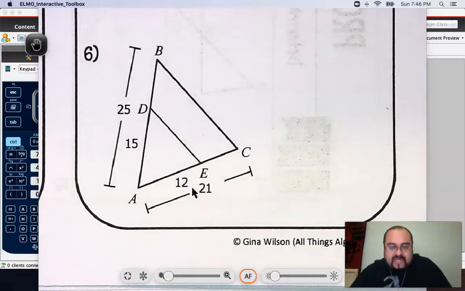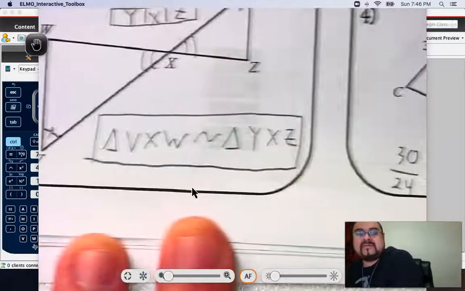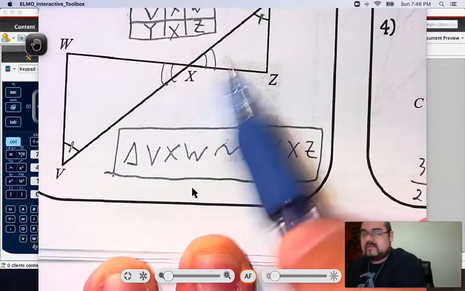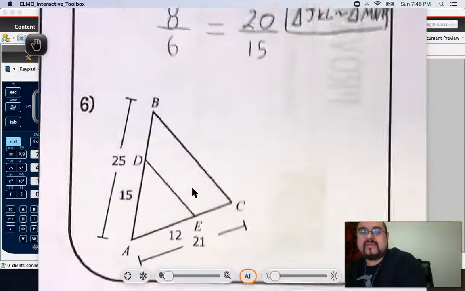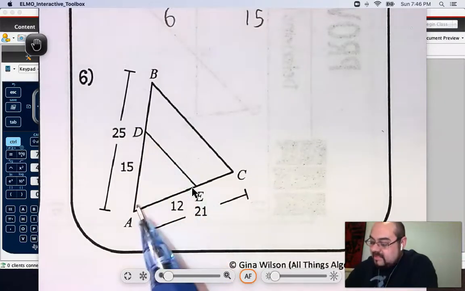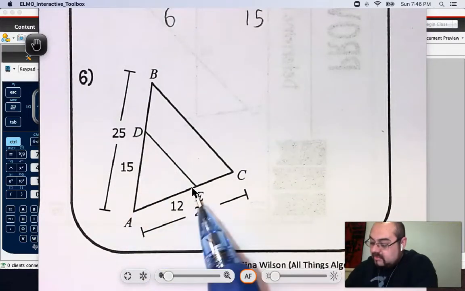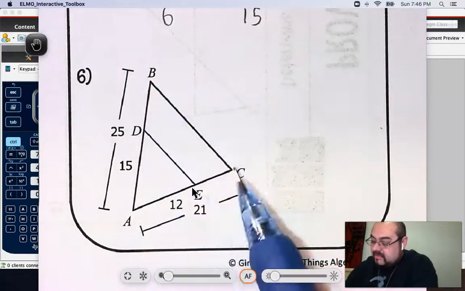The one thing that you can assume, kind of like the vertical angles that we saw over here, based on the way it was drawn, the one thing that we can assume from this drawing is that this angle for the smaller triangle is congruent to the same angle of the bigger triangle.